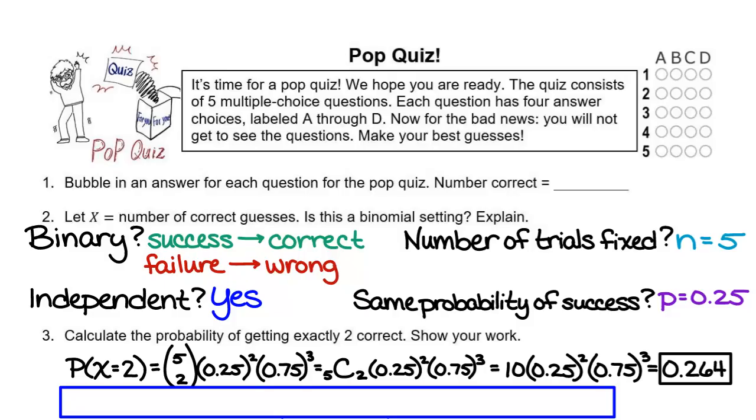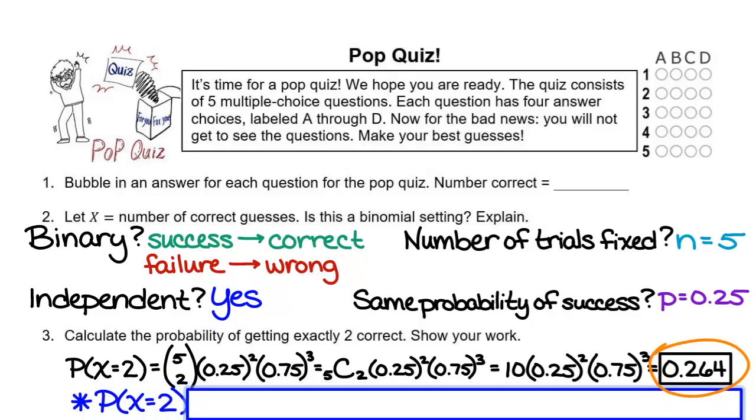For binomial random variables, not for other kinds of random variables, but for binomial random variables, we have a shortcut that will calculate this for us. To calculate the probability that x equals exactly 2, we're going to use a function on the calculator called binom PDF, and I'll show you where that is in just a second.